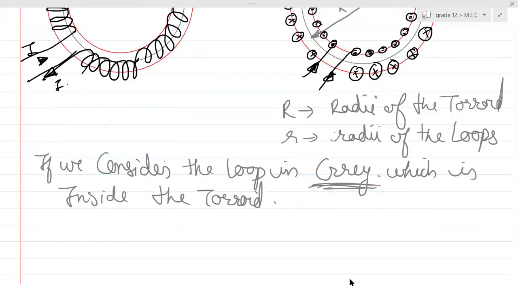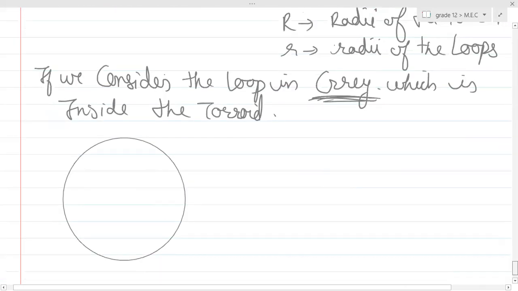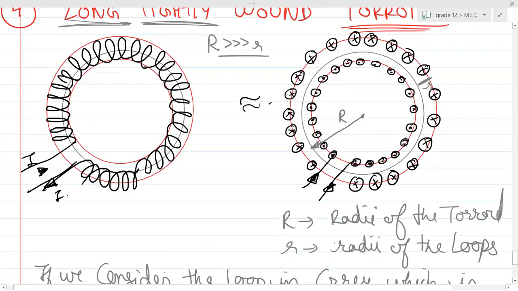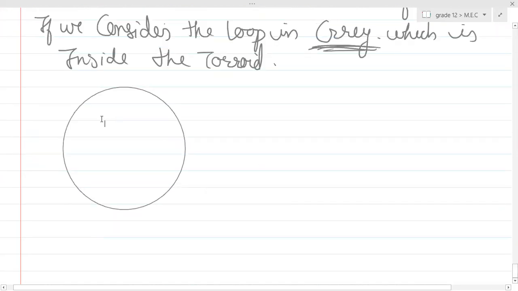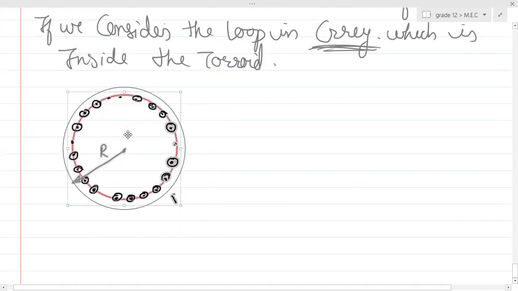Can anyone tell me what shall be the direction of the current? Can you see the currents? Clockwise. Can you see inside this solenoid in what direction the current was going?